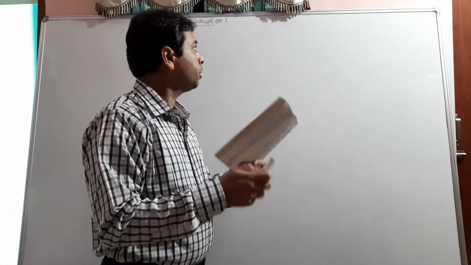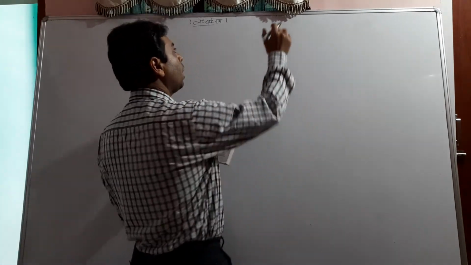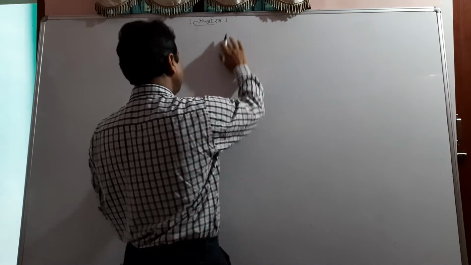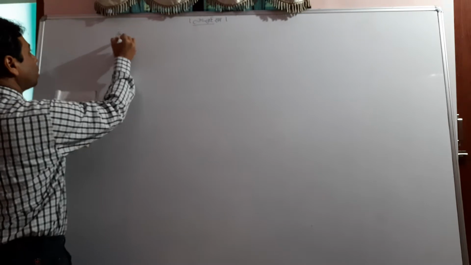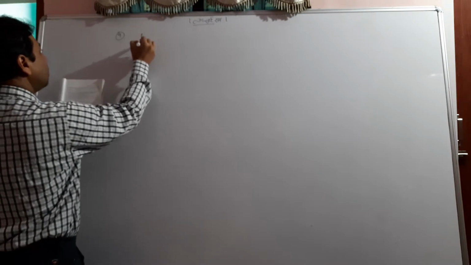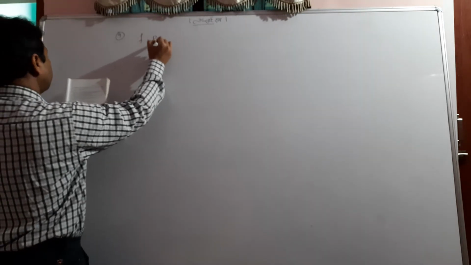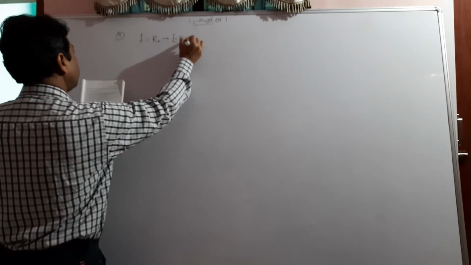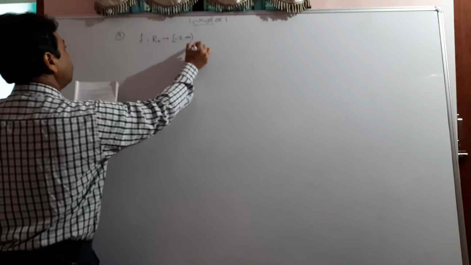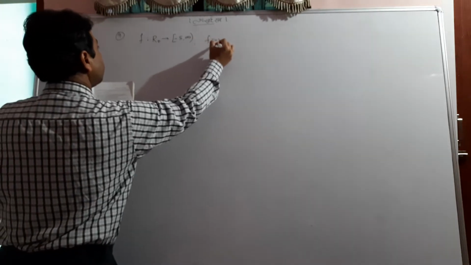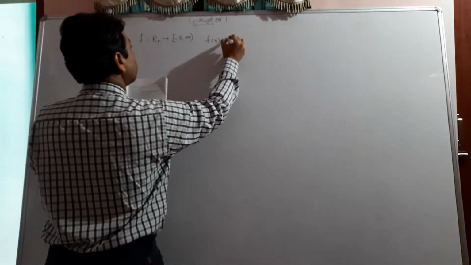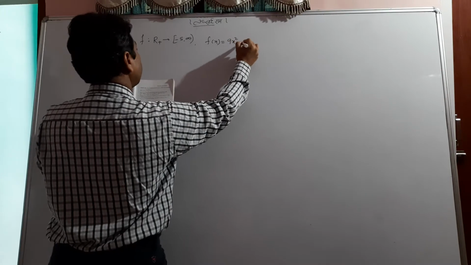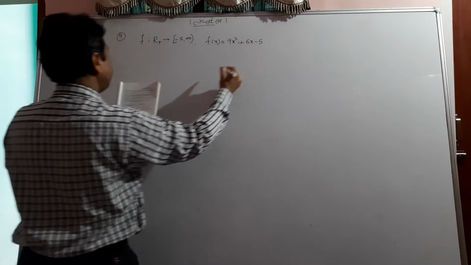In the last lecture we studied how to find the inverse of any function. Under this we want to see one more question which seems very important. Question number 9. Consider the function f from R plus, which is [0, infinity), to [-5, infinity), given by f(x) = 9x² + 6x - 5.